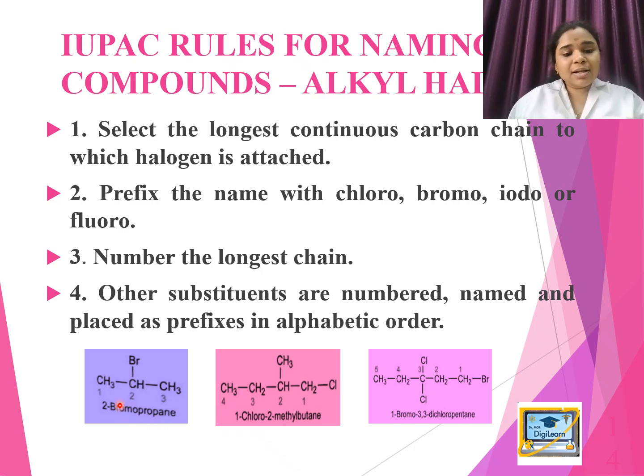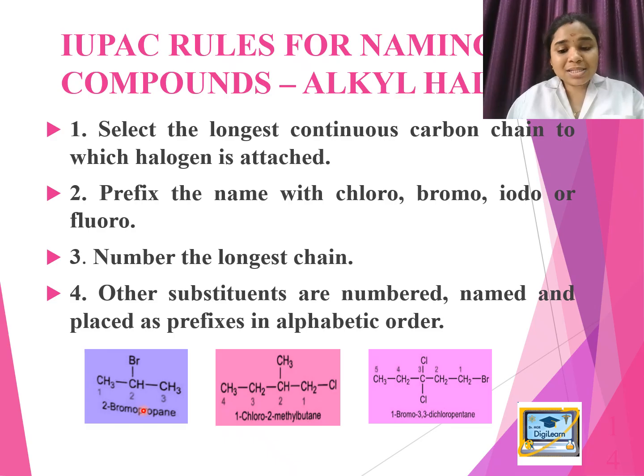So look here, carbon chain. 3 carbon atoms are present. So your root word is prop. And what about the saturation? Single bonds. So propane. In which position is the halide present? Position number 2. Bromo is present. So what is the IUPAC name of this particular compound? 2-bromopropane.